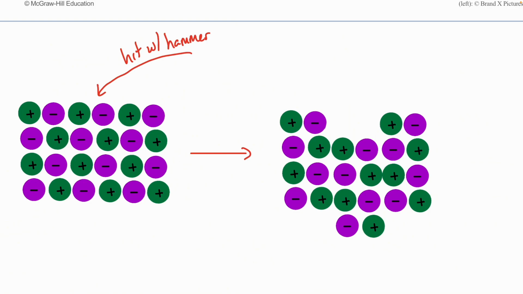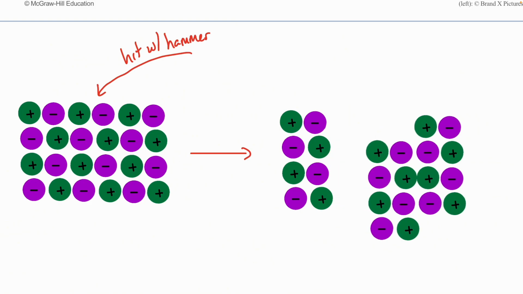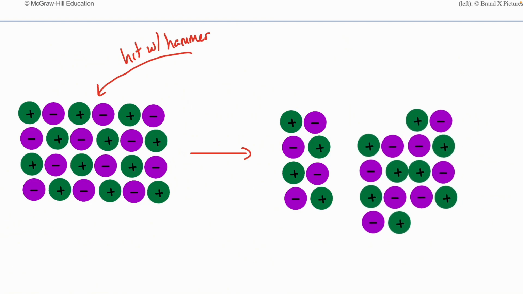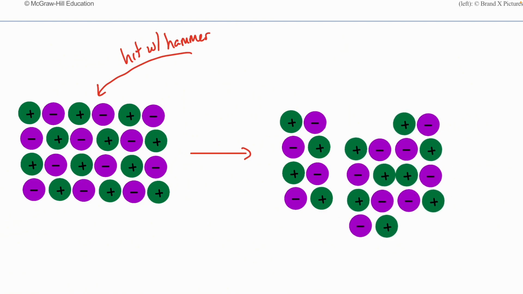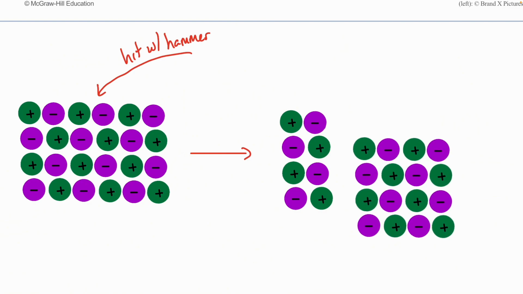When you shift around this structure ever so slightly, now I have positive charges next to positive charges and negative charges next to negative charges. Like charges do not like being next to one another, so this thing would just crack at that point. You impart this force and shift everything ever so slightly, and that's going to lead to a crack in our structure. This gets shifted down and ends up cracking because now we have like charges repelling one another.